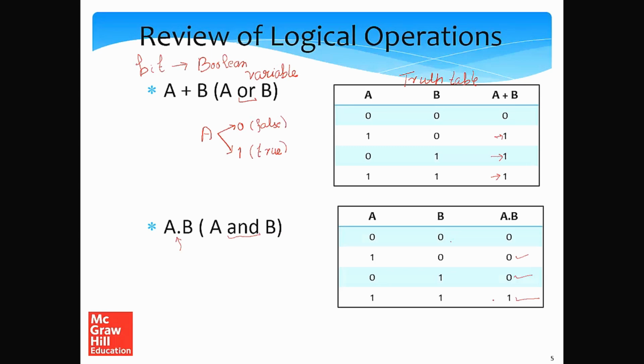Otherwise, B gets 0 points. So if you want to have an AND logic, you say that the function A and B is true if both A and B individually are speaking the truth, which means that A is equal to 1 and B is equal to 1, then A and B is equal to 1. Otherwise, in all the other cases, the output is equal to 0, as we can see over here.